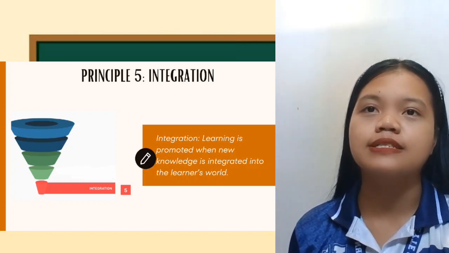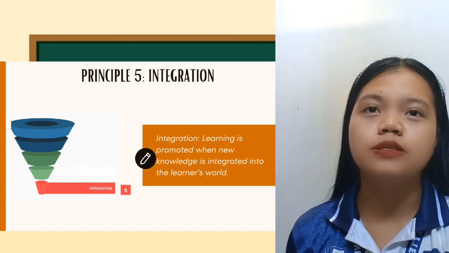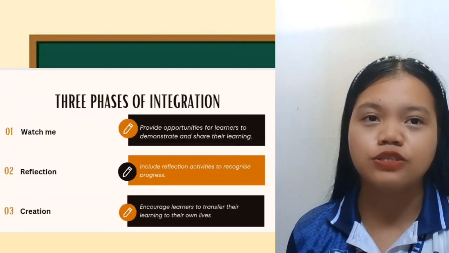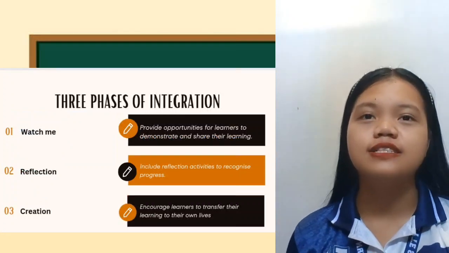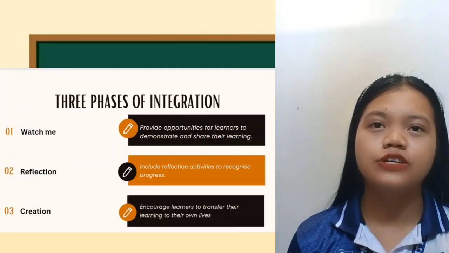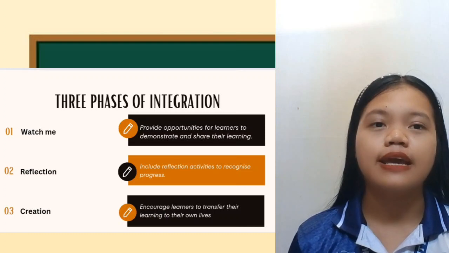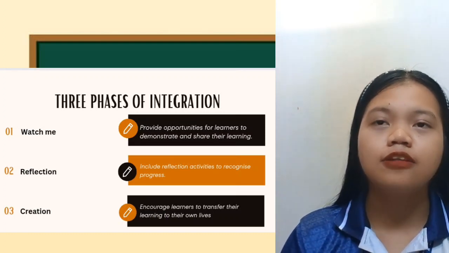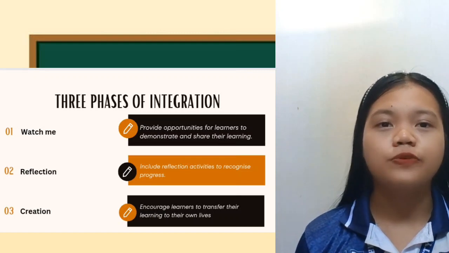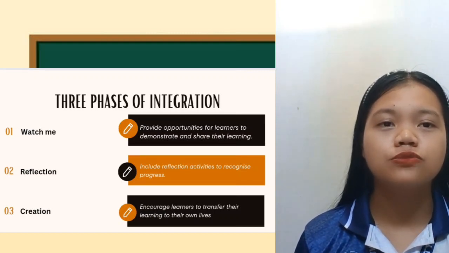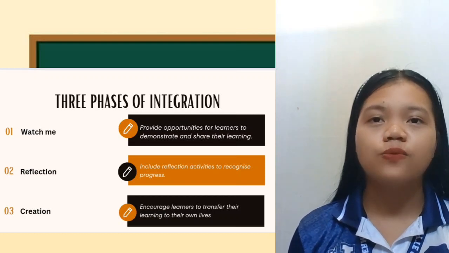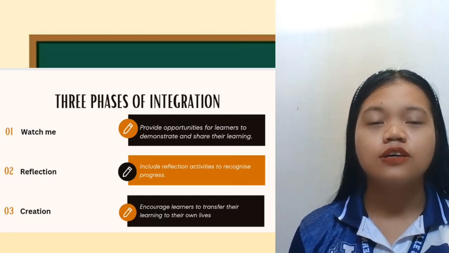So there are three phases of the principle of integration. The first one is Watch Me. It provides opportunities for learners to demonstrate and share their learning. This phase involves providing opportunities for learners to demonstrate and share their learning with others.